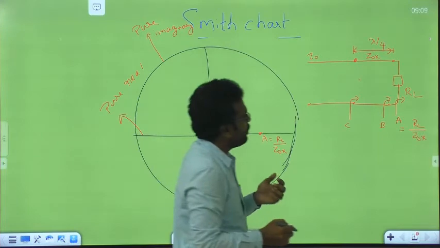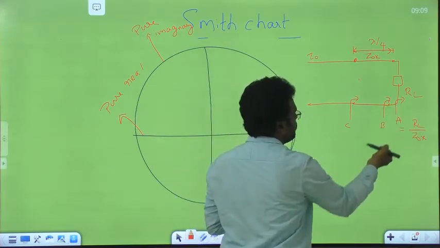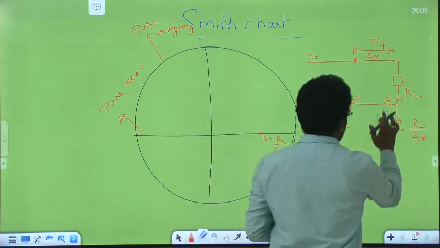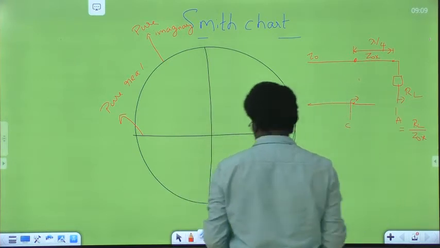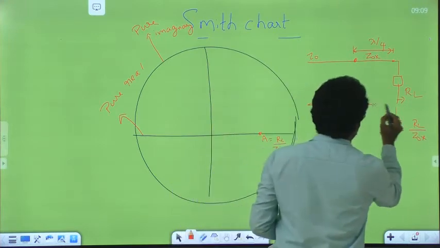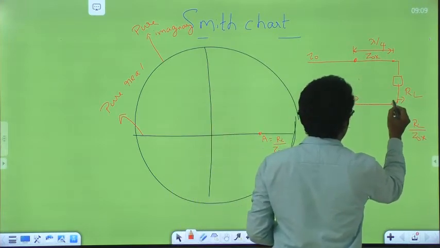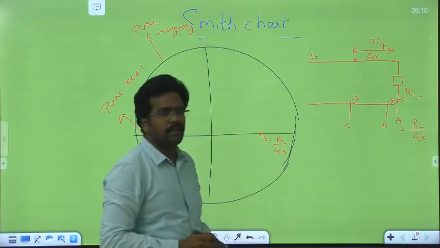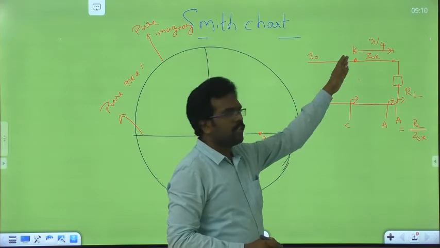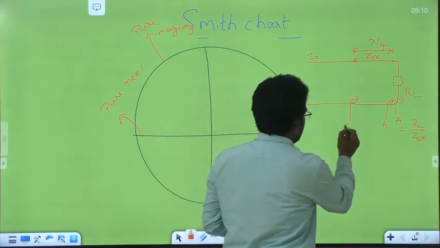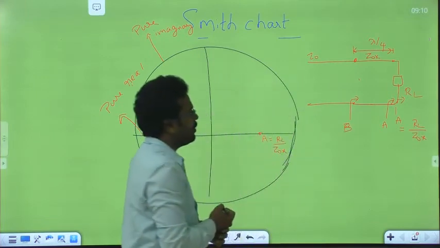So what is the next step we have to take? So from this point, I can take like this because it is connected directly here. So no need to write one more point here. So this is my load. So this is A. Okay. Since I am straight away connecting the load to this quarter transformer, I want to take another point here. This is A and this is B. Okay.